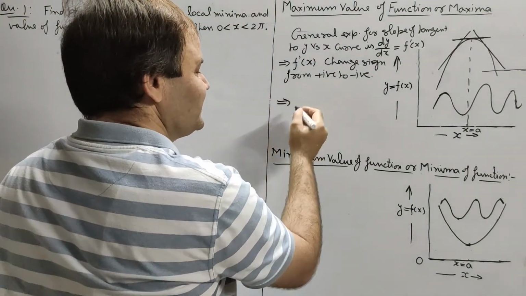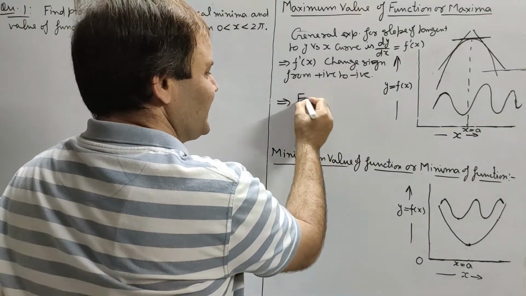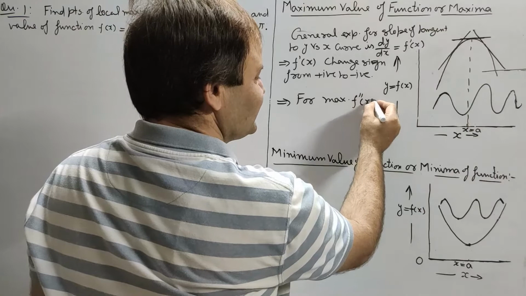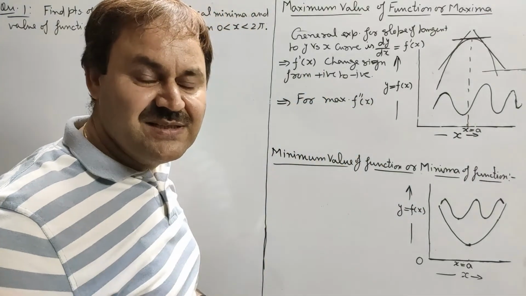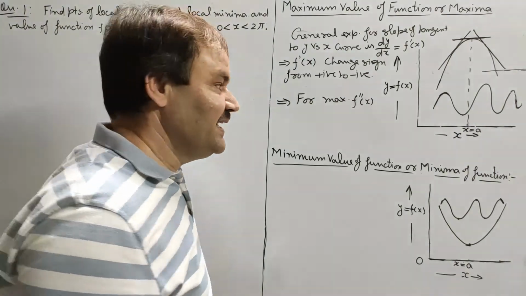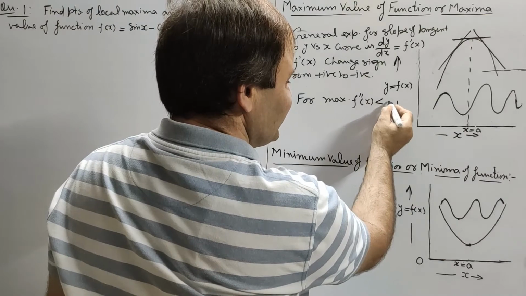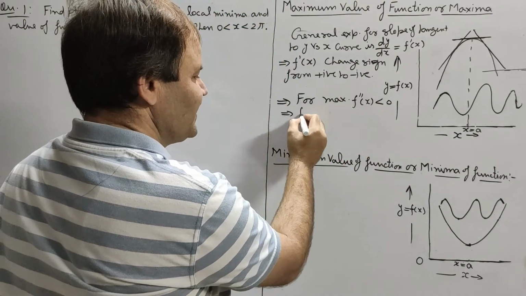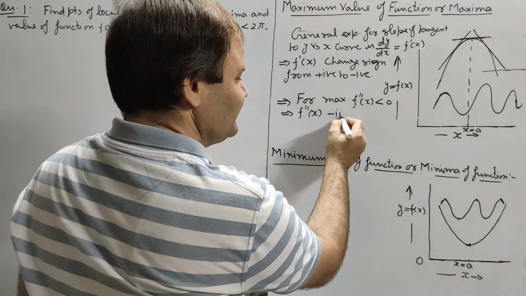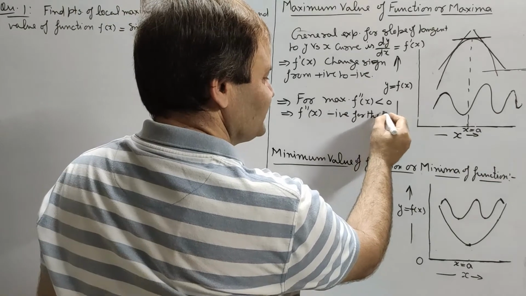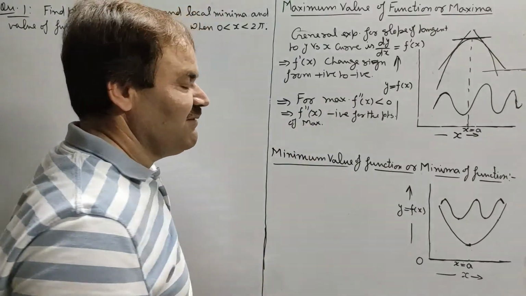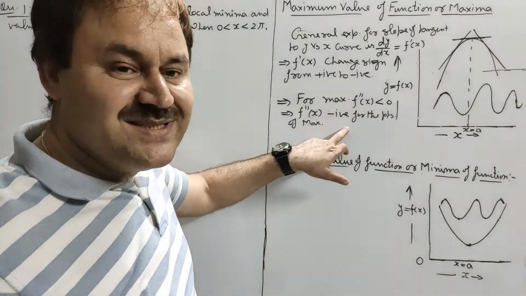So this implies that for maxima, f dash x is decreasing, meaning the differentiation of f dash x will be negative. So it should be less than 0. This implies f double dash x should be negative for the points of maxima.